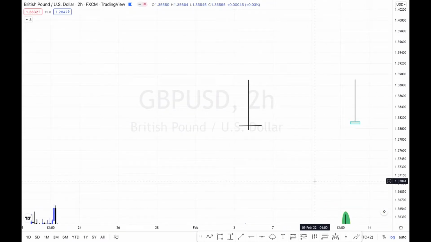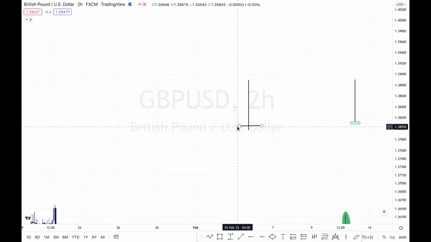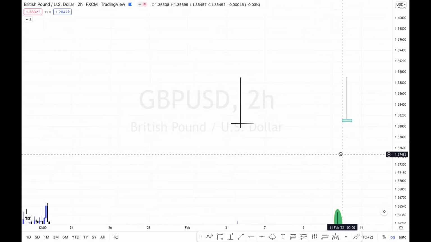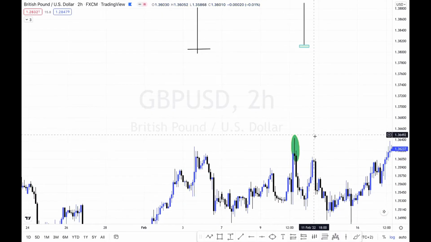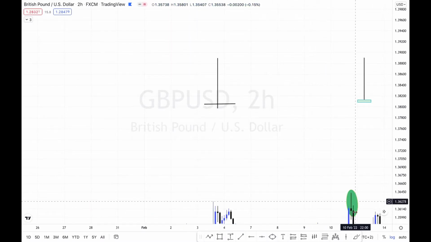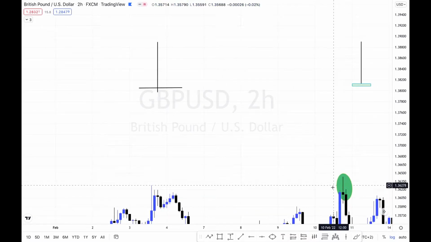So if you guys remember, wicks are signs of exhaustion, right? So this means that the market opened here. The market tried to push higher, but the sellers pushed it down and made the candle close like this.